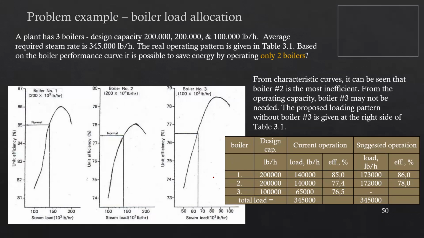Here we have a plant which has 3 boilers. The design capacities are 200,000, 200,000 and 100,000 pounds per hour, respectively. The average required steam rate is 345,000 pounds per hour. And the real operating pattern is given in table 3.1.